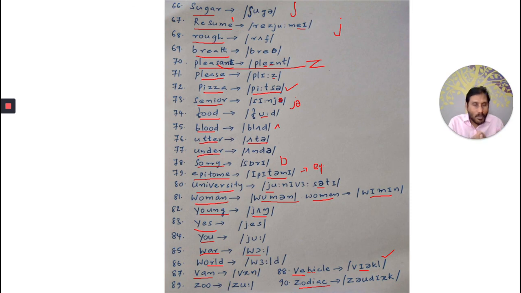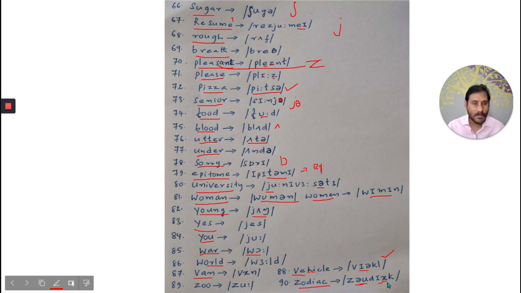You might be born in any sun sign or moon sign like Aries or Gemini or Virgo or Pisces, etc. So how do you write zodiac? Within O there is an O diphthong.